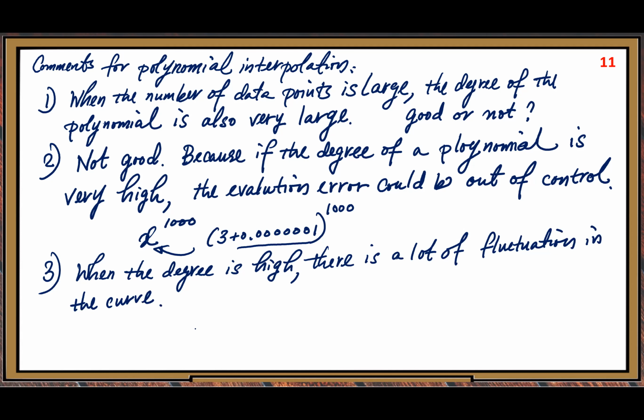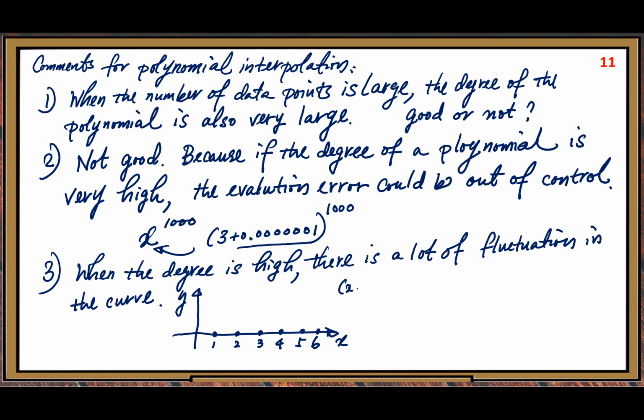Let me explain the phenomenon here. Suppose this is the XY axis. We look at a simple polynomial example here. Let's say 1, 2, 3, 4, 5, 6. Let's consider a degree 6 polynomial with these 6 numbers as the roots of the polynomial.